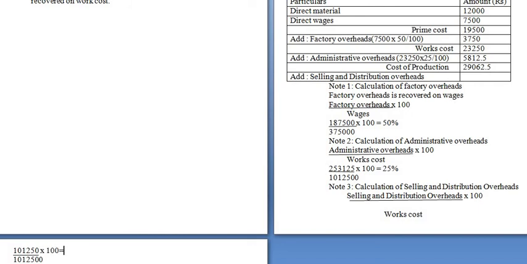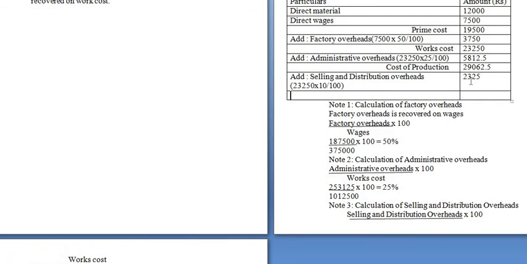Calculate this: it will be 10%. Now on work cost, 23,250 into 10 divided by 100. Calculate this: you will get 2,325.